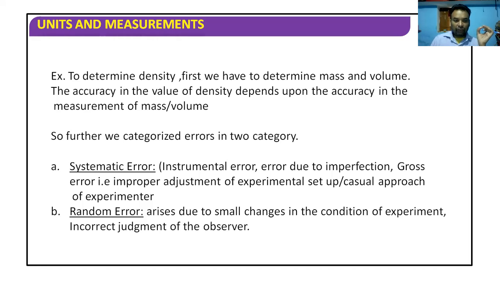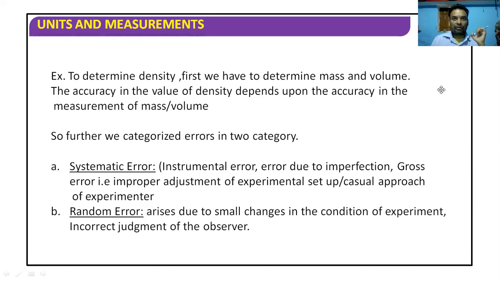So further we categorize error into two categories. There is another categorization of errors which is called systematic error and random error. So what is systematic error? Systematic error is created by the instrumental error. If there is already some error in the instrument, suppose we are using an ammeter and we want to measure the current.